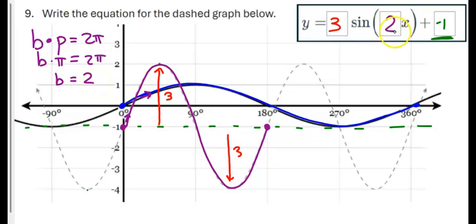That's the b value, which means that if I do a second period, I should get to 360, or 2 pi. So that 2 represents how many times the graph will cover the full 360, or 2 pi.